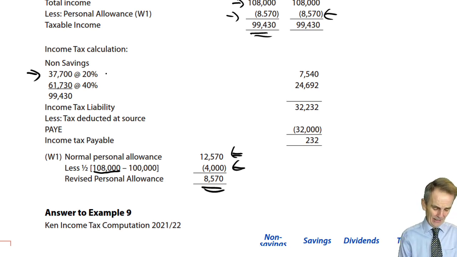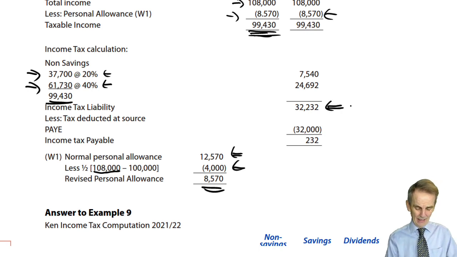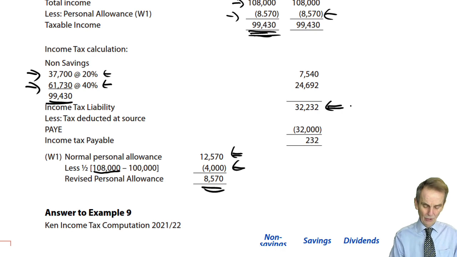So the 37.7 is at 20%, and the rest of it up to your total of 99,430, which, do check the numbers on this please, I think was 61,730 I made it. That is at the higher rate of 40%. Get your two tax figures together and that will be your income tax liability. Here, hopefully, £32,232.